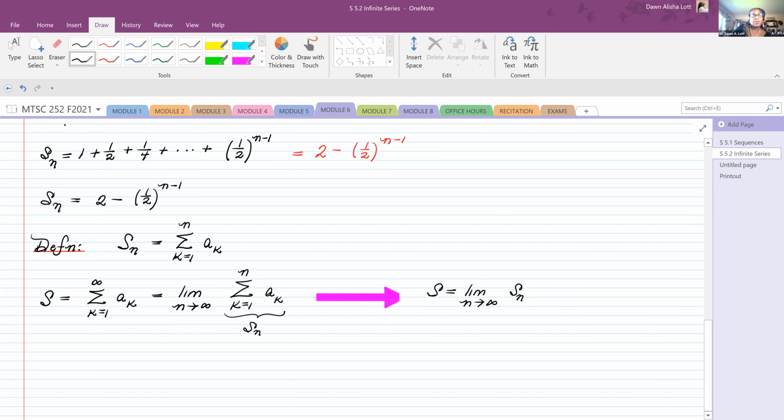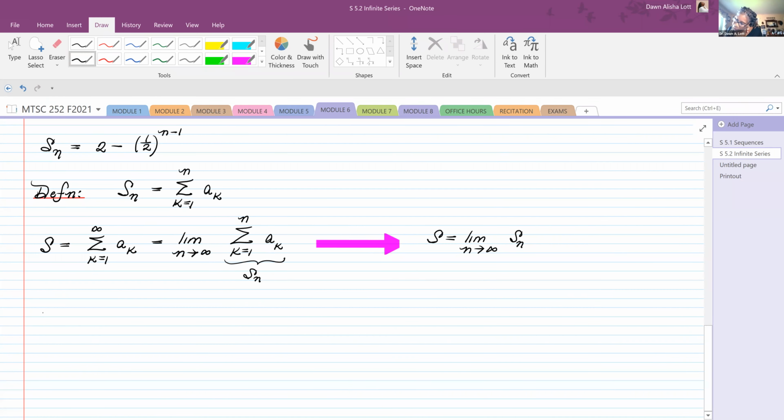So for this series, given the sum n equals 1 to infinity of an, this is the limit as n approaches infinity of Sn, but that's just the limit as n approaches infinity of 2 minus 1/2 to the n minus 1.